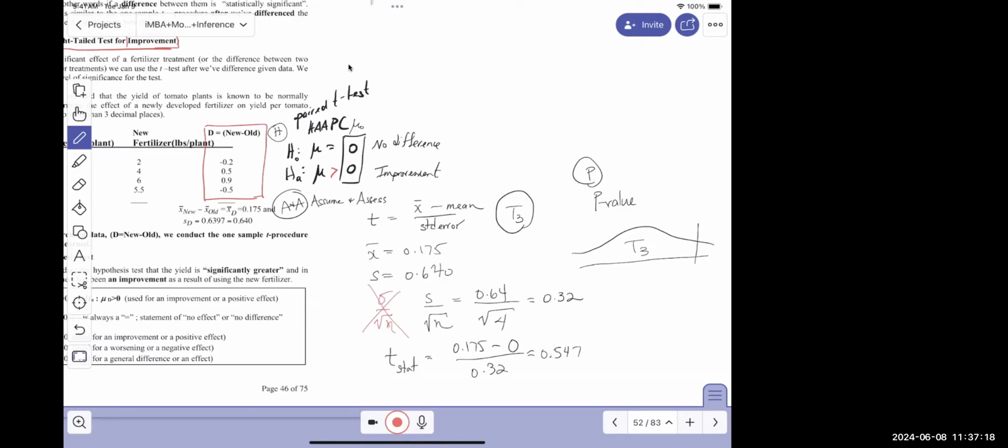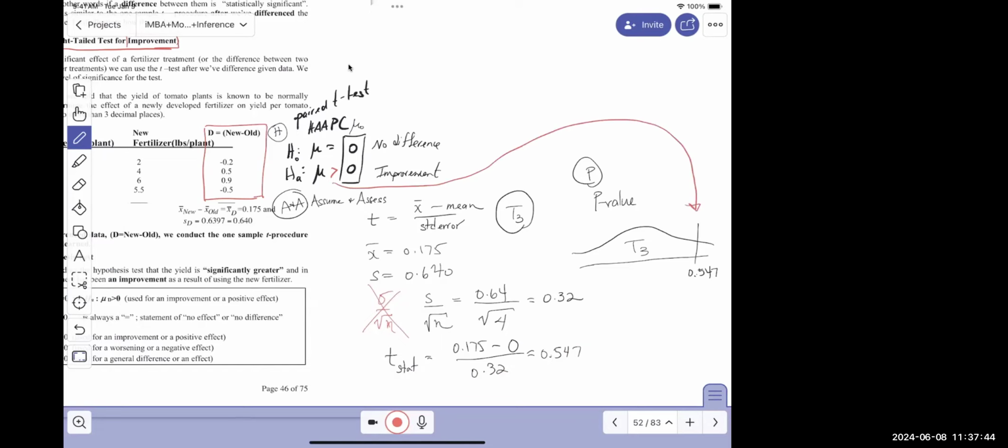So remember, for the p-value, we want the probability of seeing a test statistic as extreme or more extreme. So I plot it. That's all I do. Just take the number and put it on the graph of the T3, 0.547. And what I want to do is, again, I have to use that sign.